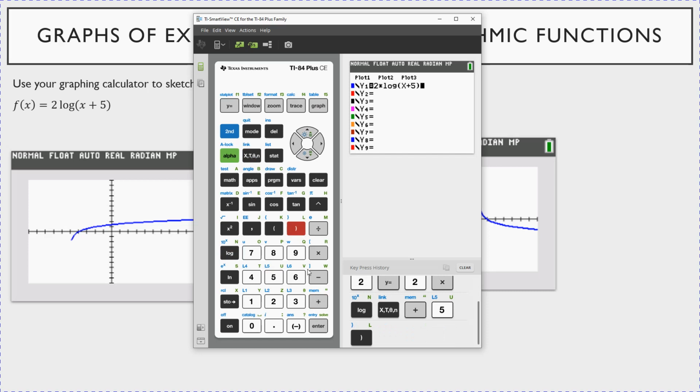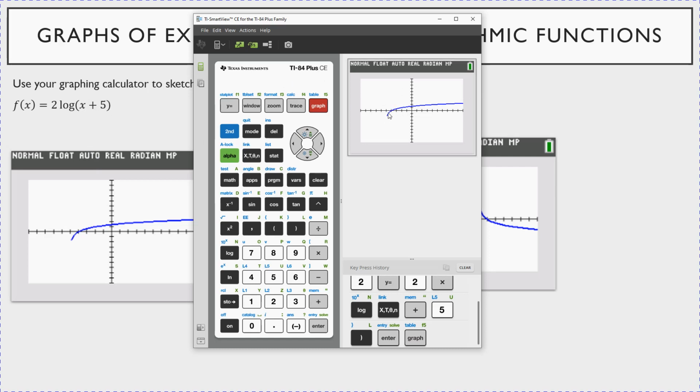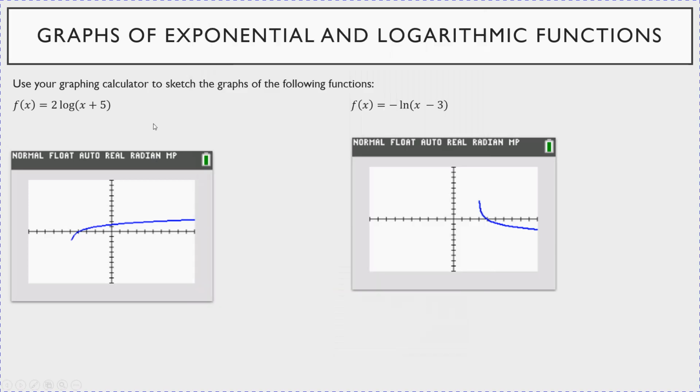Then you're going to close the parentheses, and then hit graph. You'll notice with these log functions that the domain here is x greater than negative 5. In your calculator it looks like it hits this and stops. That's just because your calculator doesn't do a good job of showing the vertical asymptote here. But really you have to know that the graph keeps going down like this.